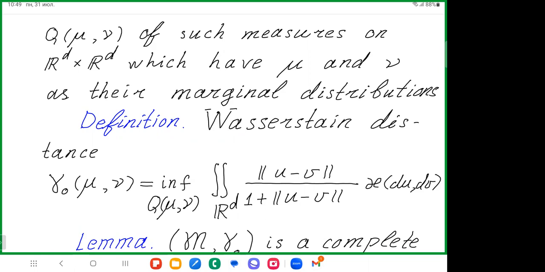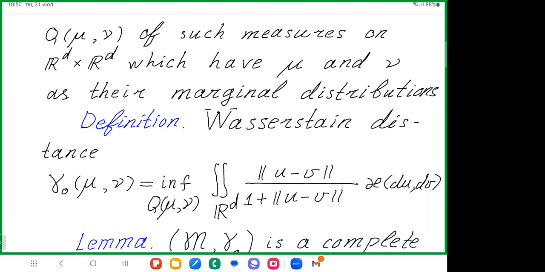Maybe you remember that if we take the expectation of the norm of psi_n minus psi divided by 1 plus the norm of psi_n minus psi, this expectation tends to 0 if and only if psi_n tends to psi in probability. So now we understand that this quantity can be a distance, and it is related to some convergence of probability measures.